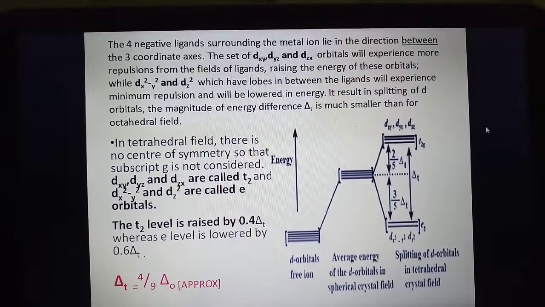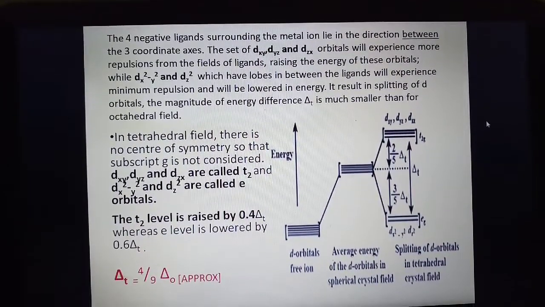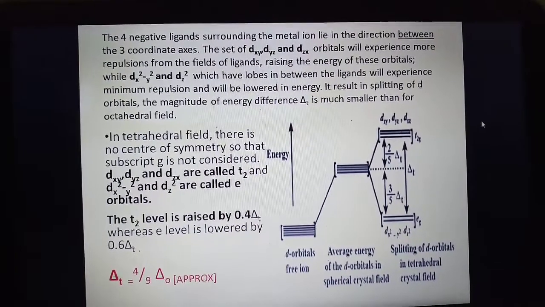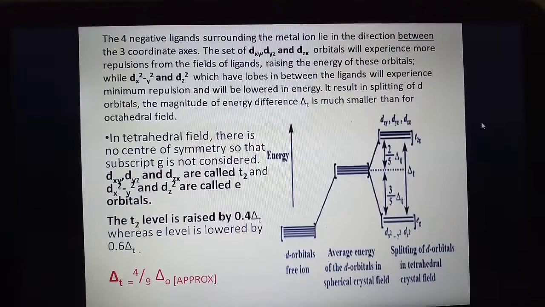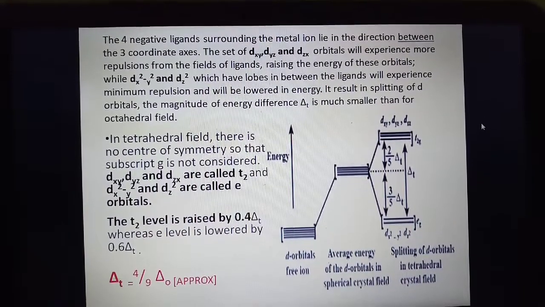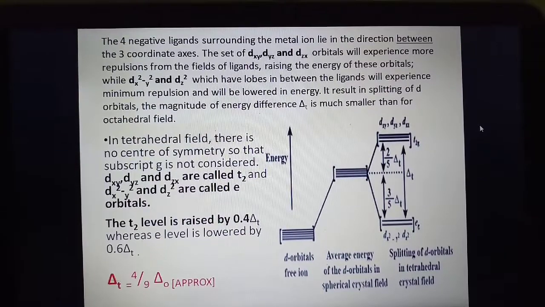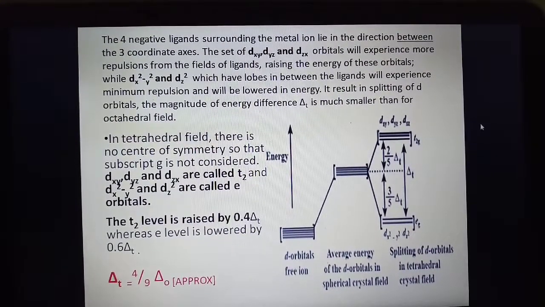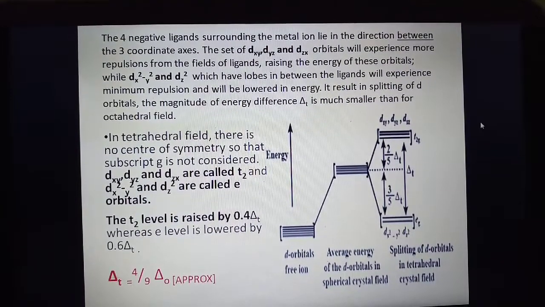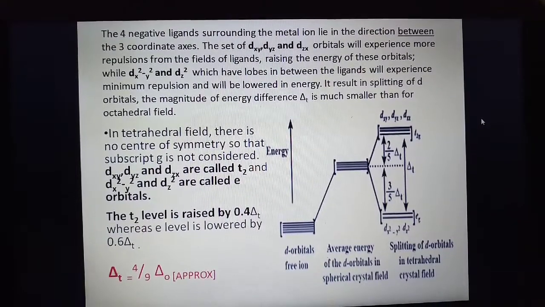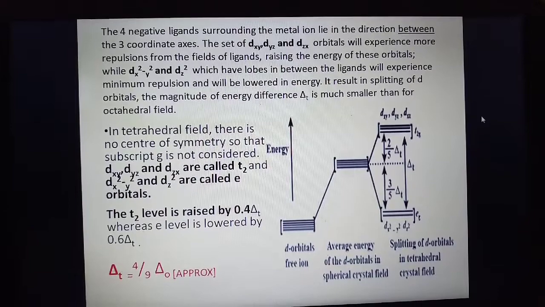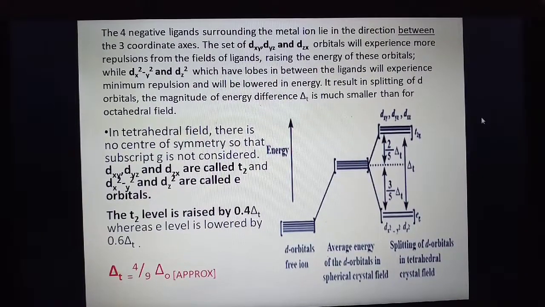Instead of writing T2g or Eg, you may write T2 or E. The T2 level is raised up by 0.4 of the tetrahedral splitting energy, whereas the E level is lowered by 0.6 of the magnitude of the tetrahedral splitting energy.